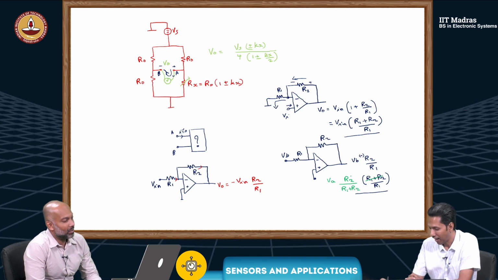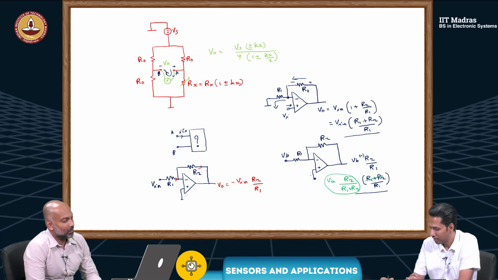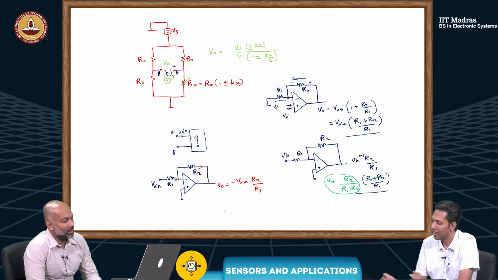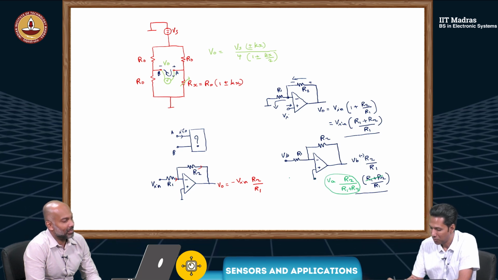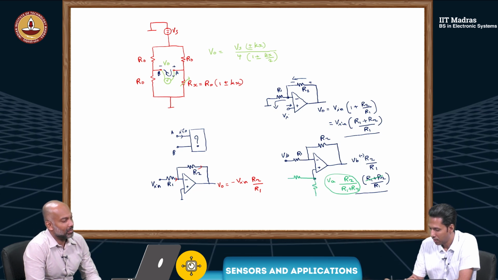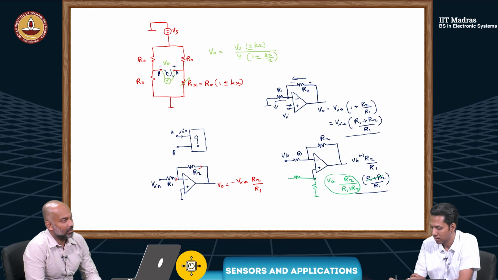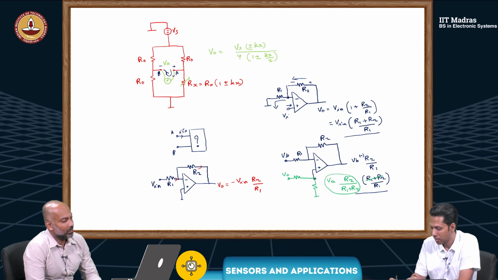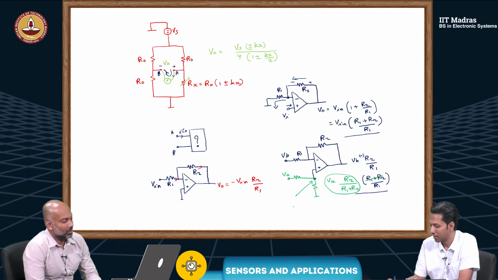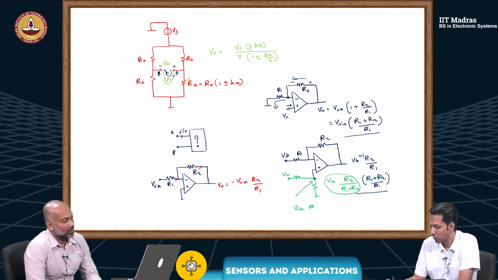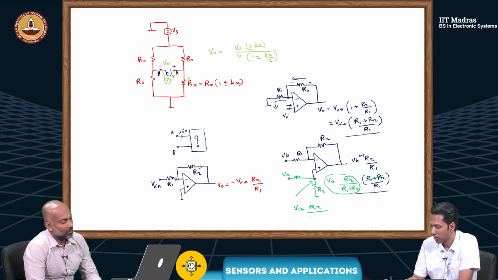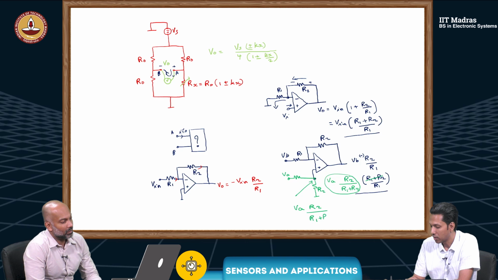Suppose from VA, I can get this voltage and give it to this terminal. It's just a voltage divider. So if I do two resistors like this, and if VA is here, this voltage is VA into R2 by R1 plus R2.